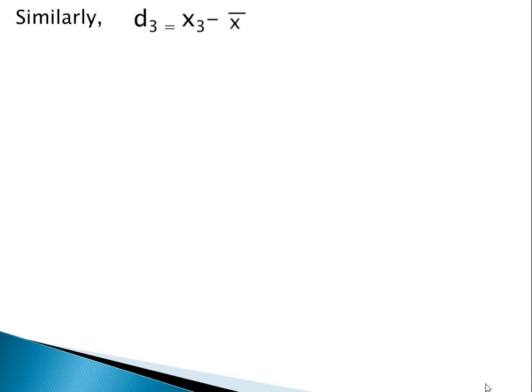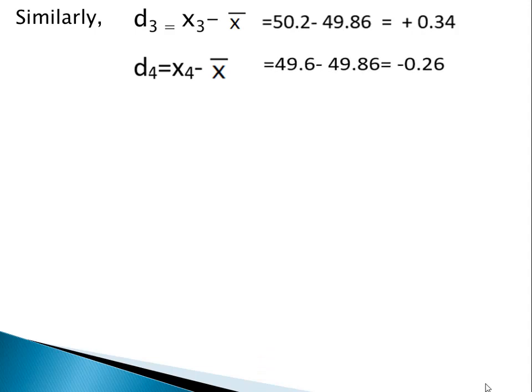Similarly, here d3 is equal to x3 minus x bar. Substitute the value in the expression. We know that x3 is 50.2 and x bar, that is arithmetic mean which we have calculated already, that is 49.86. So d3 is equal to plus 0.34. Next one, we have to measure fourth deviation from the mean, that is d4 is equal to x4 minus x bar.